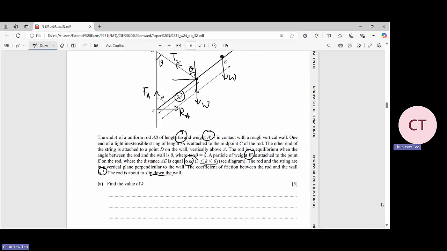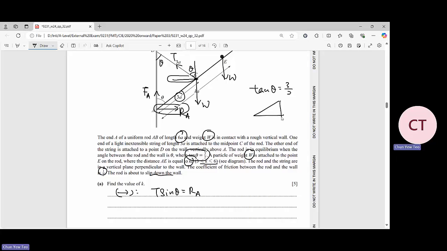So I will resolve the forces horizontally. Horizontally only involves this force and these two forces. So I have T sin theta equals RA. By the way, the question gives you tan theta equals 3/2.